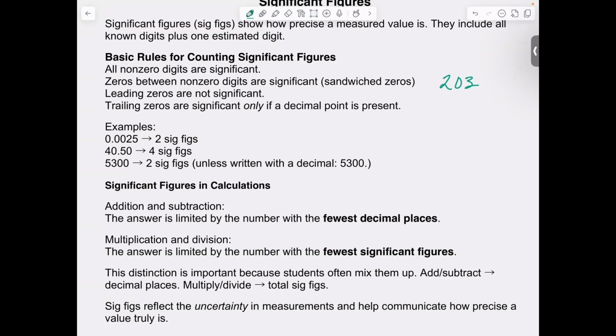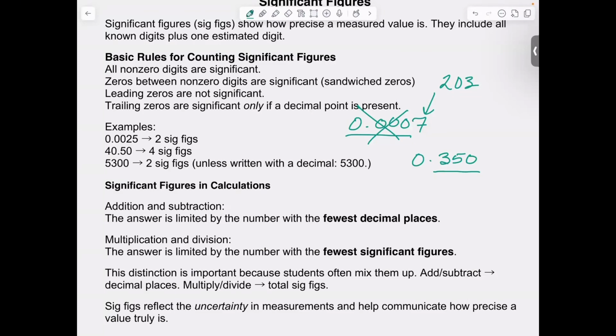It's a placeholder. I need to count it. Leading zeros, not significant. So if I have like 0007, none of those are considered significant, just that one right there. Trailing zeros are significant only if there's a decimal point present. So perhaps in this scenario, yes, I would count 3, 5, and then that trailing zero.